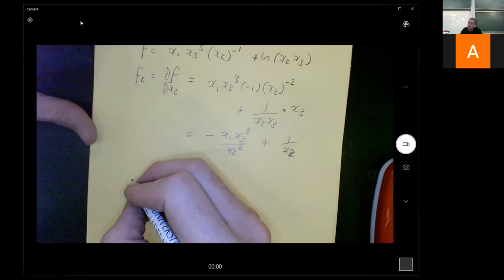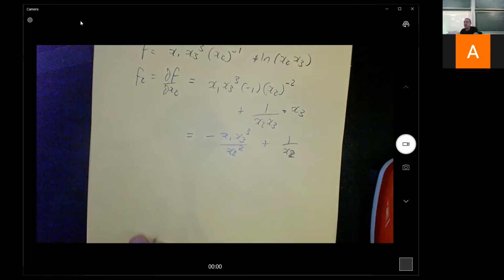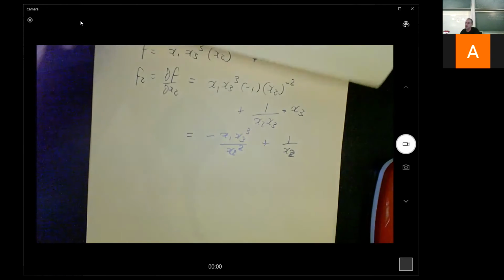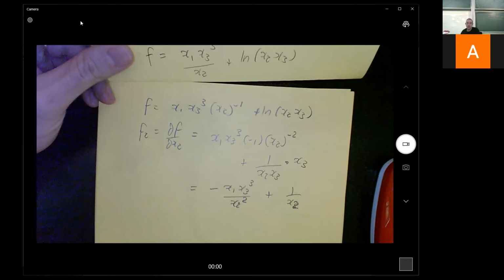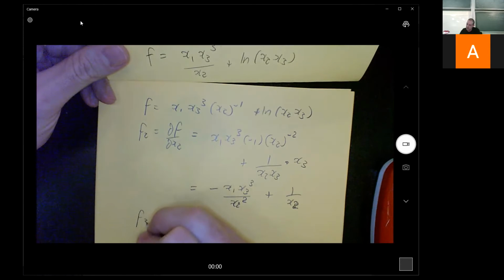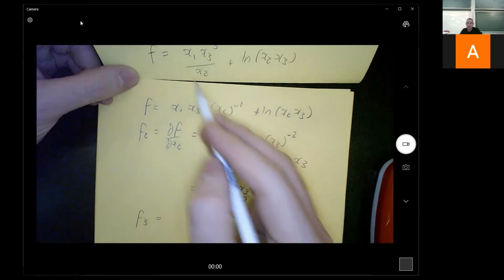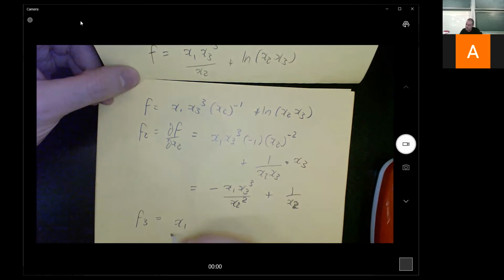Okay. And I'll just go back to the original formula. So now f3, I can do this one. The x1 on x2 counts as a constant. And I'll multiply by the current exponent and put the exponent down by 1.